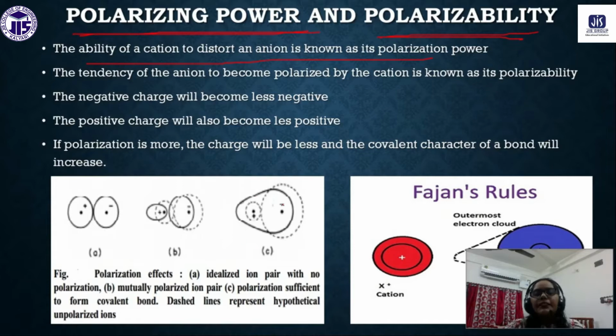So polarizability means how much the anion will allow its electrons to distort towards the positive ion. Based on polarizing power and polarizability, we can determine whether a bond has covalent or ionic character. If the polarizing power or polarizability is higher, the distortion will be higher, and the bond will have a higher amount of covalent character.